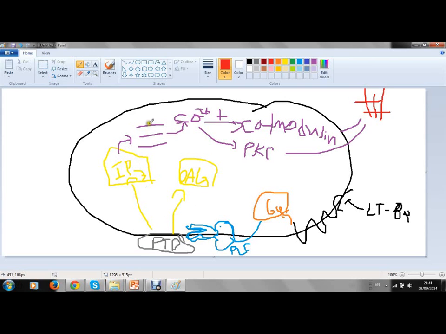Inositol triphosphate will go to the endoplasmic reticulum and will cause the release of calcium. Calcium will bind with calmodulin and will stimulate protein kinase C. Both will phosphorylate actin and myosin, which will cause the movement of the neutrophil towards the site of injury. So this is the basic motor principle of the neutrophil, which will help during inflammation.